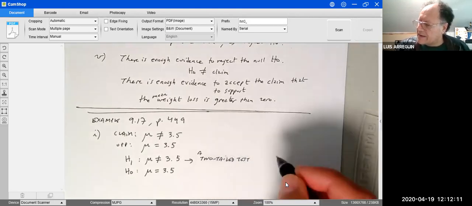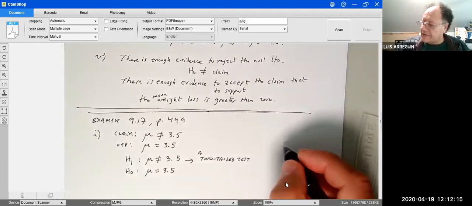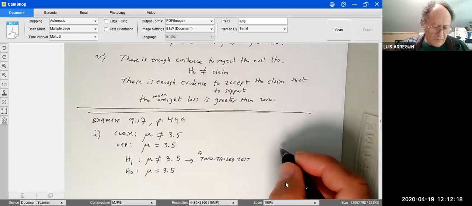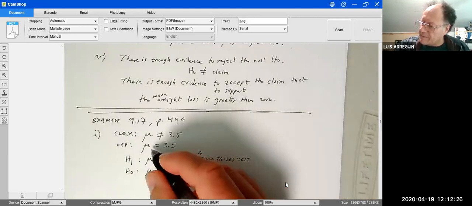A two-tailed test, and we're going to need to check whether the normality is in place for this data set. And if that's the case, we know that we're dealing with the mean.